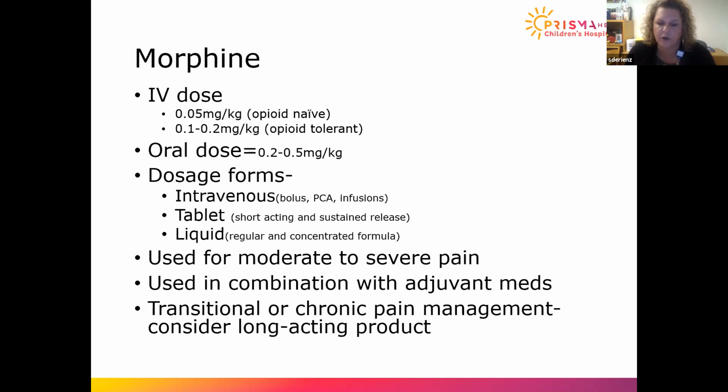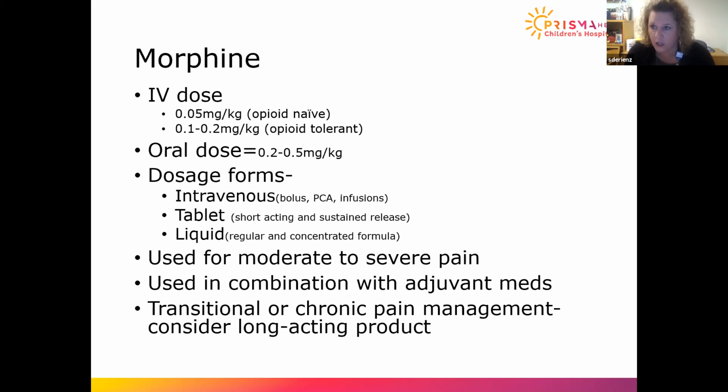Again, and then also your chronic pain management, the long acting products like the MS Contin. And as we transition patients, if they're able to swallow those pills, we can transition them to a long acting. One thing to keep in mind about these long acting products is that we have to be careful as we transition. It's probably not a good idea to give a 5 or 6 year old an MS Contin pill.